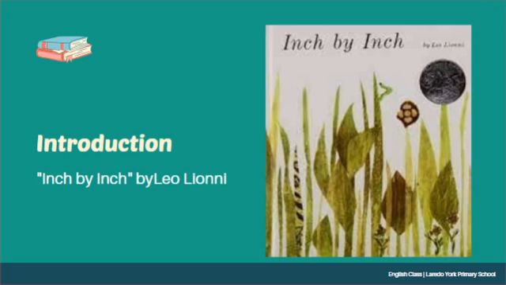And this text is about a worm who goes around measuring different things. So this will be able to spark students' prior knowledge about measuring, and students will be engaging in a discussion about what they know about measuring, different tools that we use to measure, and different ways we can help keep all of our data straight when we have a lot of it.